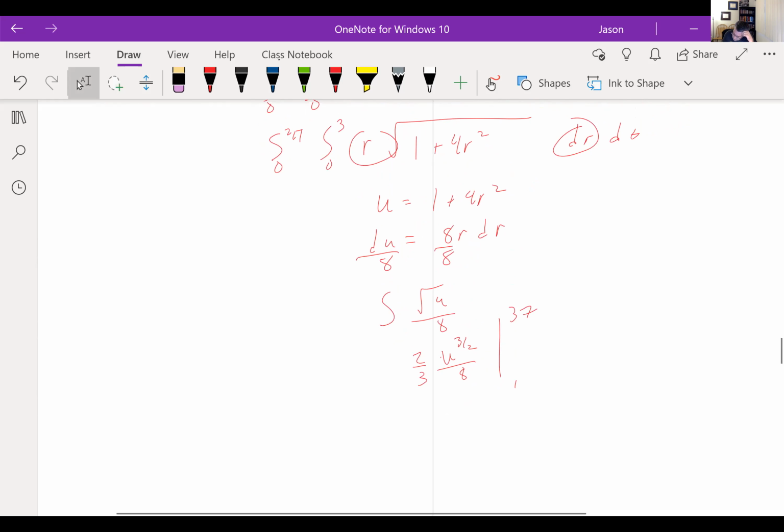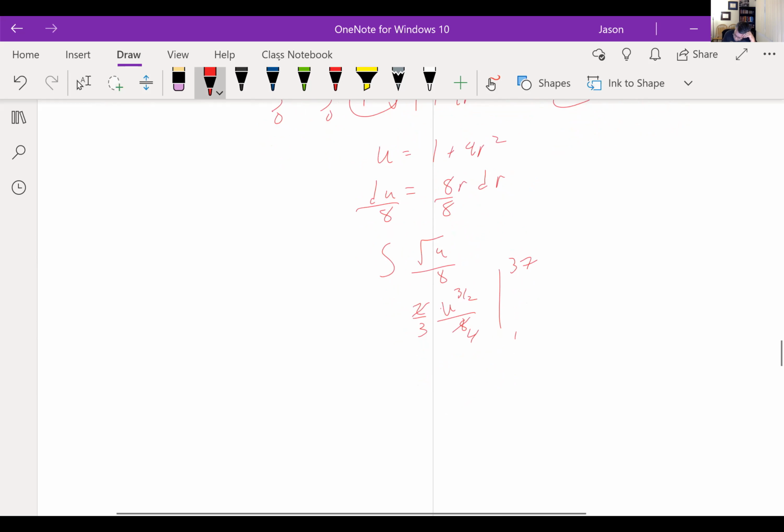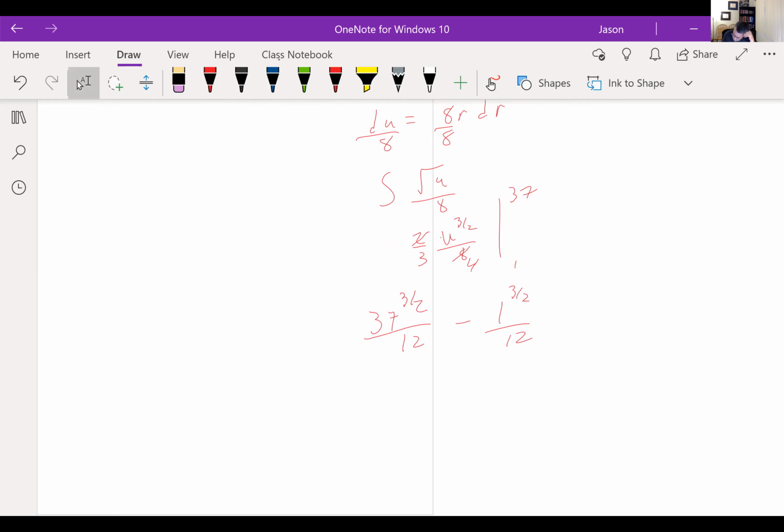So this is going to be, that becomes 4. So we get 37 to the 3/2 over 12 minus 1 to the 3/2 over 12. I could factor out the 1/12, and I get 37 radical 37 minus 1 radical 1, which is just 1.